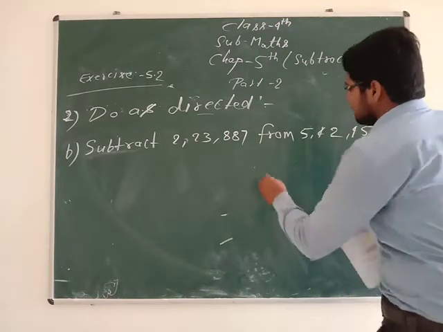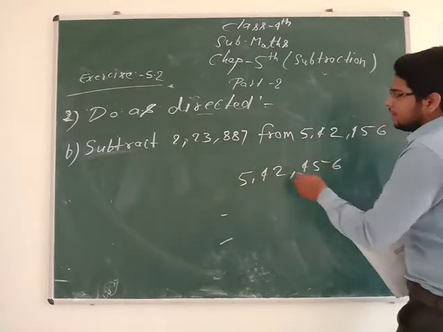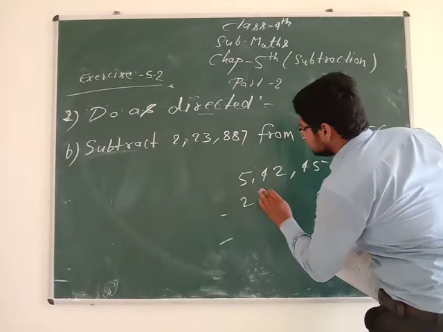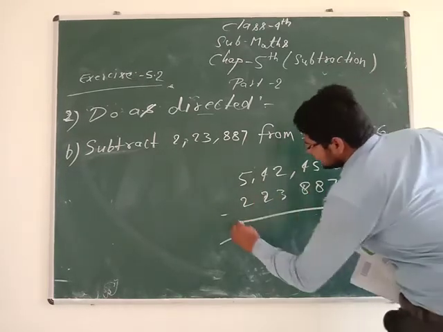So let's subtract 5,42,456 and 2,23,887. Okay, let's subtract.